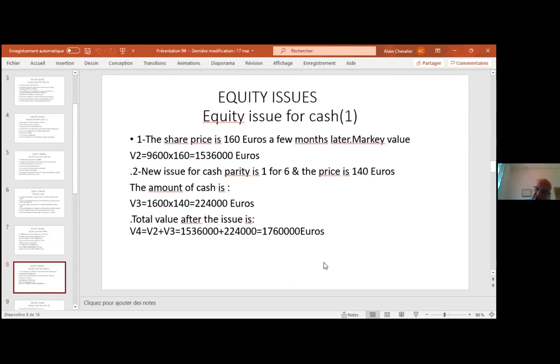And now we are issuing 1,600 for cash. So the financial manager plans to issue 1,600 new shares at a price of 140 euros. And the last market price before the issue is 160 euros.